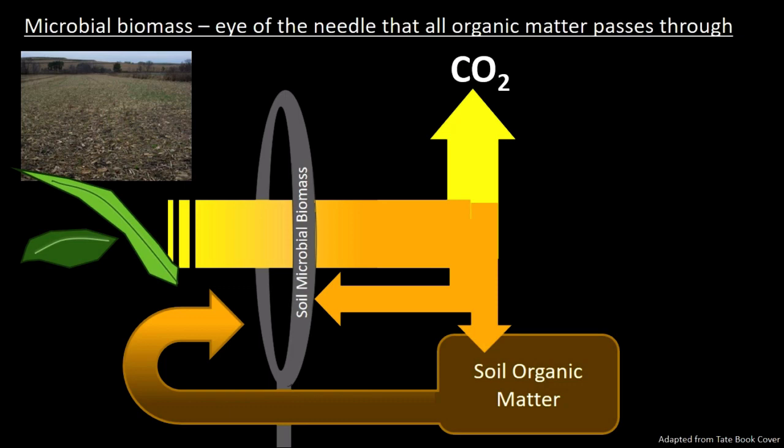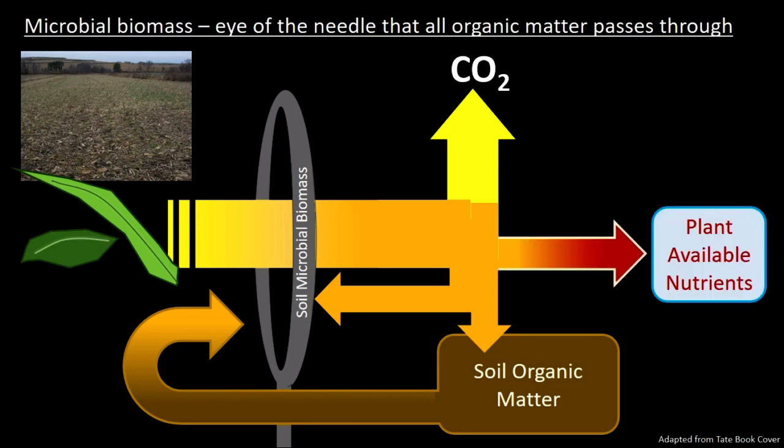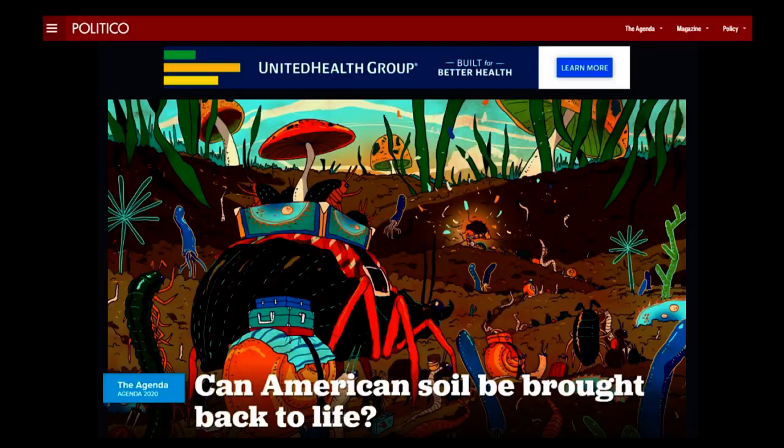Some of it can be reallocated to more microbial biomass. Some of it gets stabilized to soil organic matter, which can then be run back through the eye of the needle again, or decomposed by microorganisms. And all of this processing also results in mineralization of that organic matter and making nutrients available to plants, especially N, P, and S.